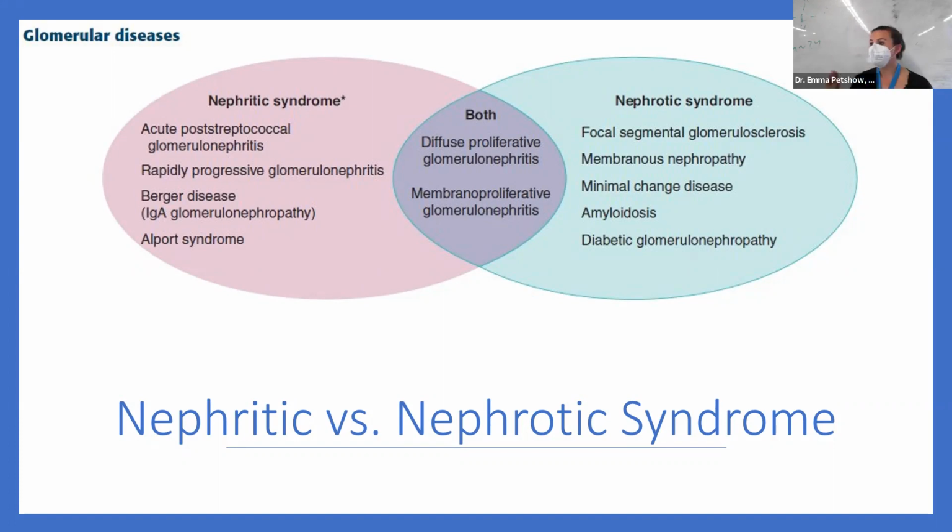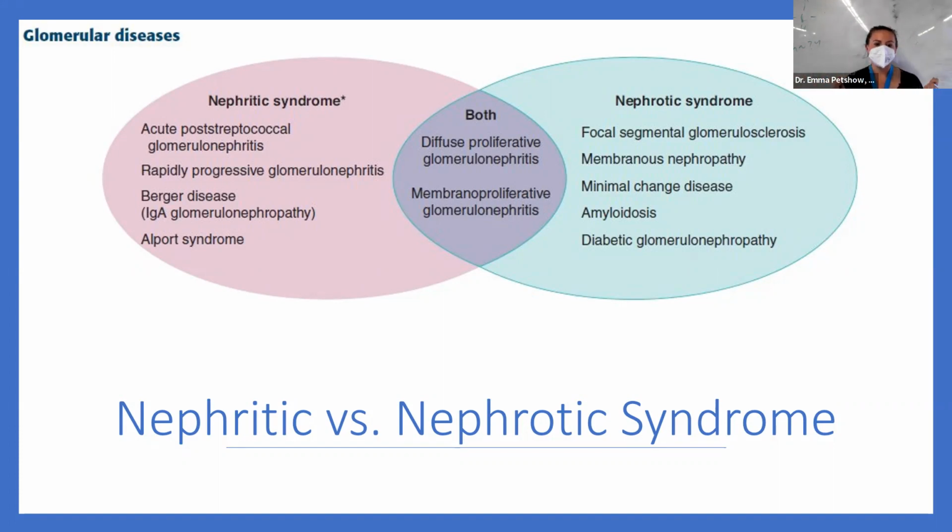When you think about nephrotic syndrome with an O, I want you to think about massive proteinuria. Now, both can have proteinuria, but when you think of nephrotic, think massive proteinuria, gross proteinuria. Nephrotic, inflammation, nephritic. If we had to do one defining term for each, that would be my defining term.